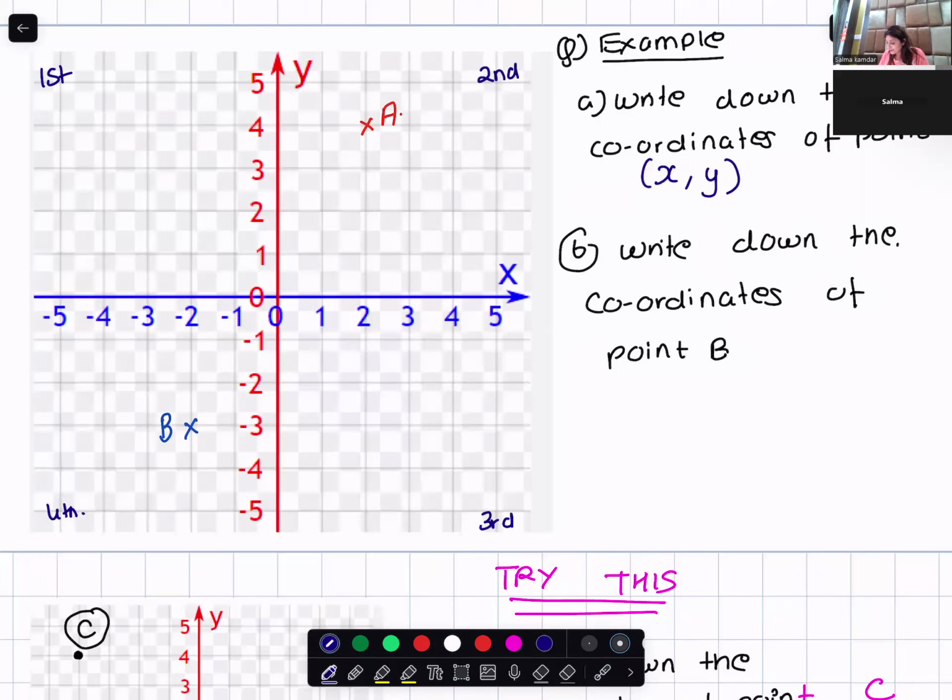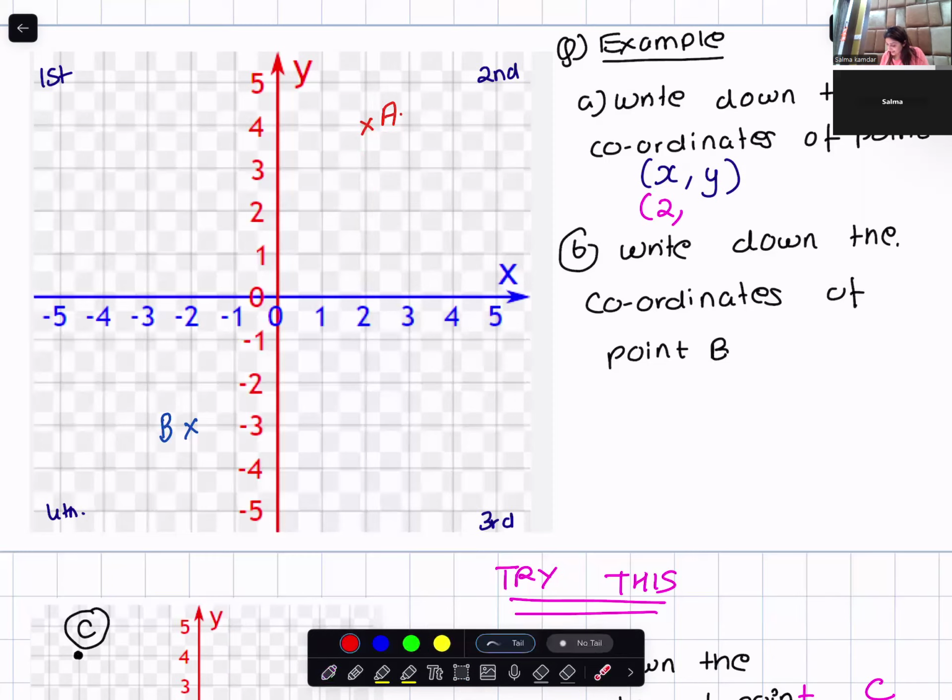So you need to see the point where it intersects the x-axis, and you need to see the point where it intersects the y-axis. So point A is intersecting the x-axis at 2, so the x coordinate would be 2.